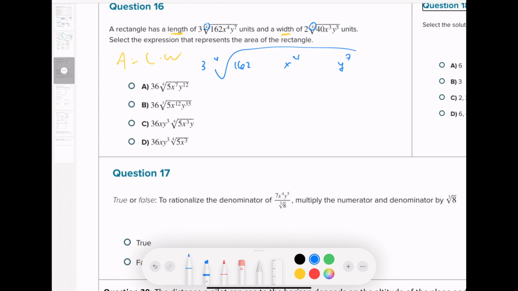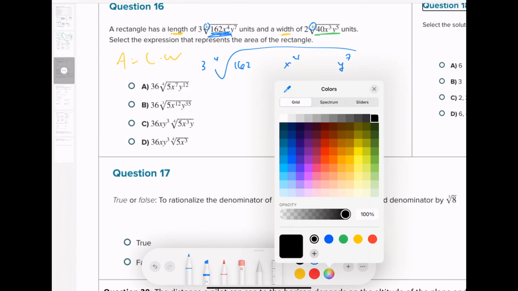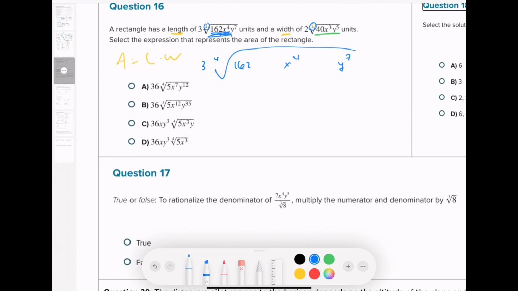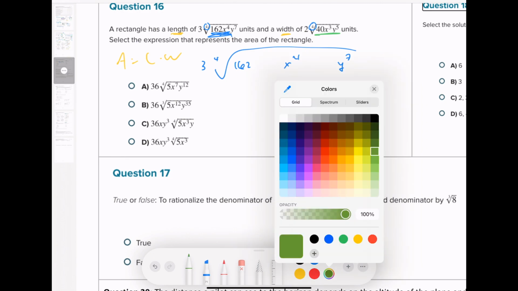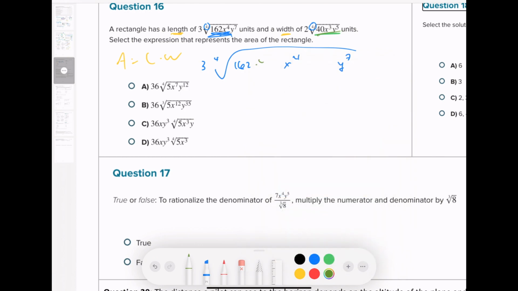And you'll notice that I left space here. So this was blue. This one's going to be green. So 40, x to the third, y to the fifth.